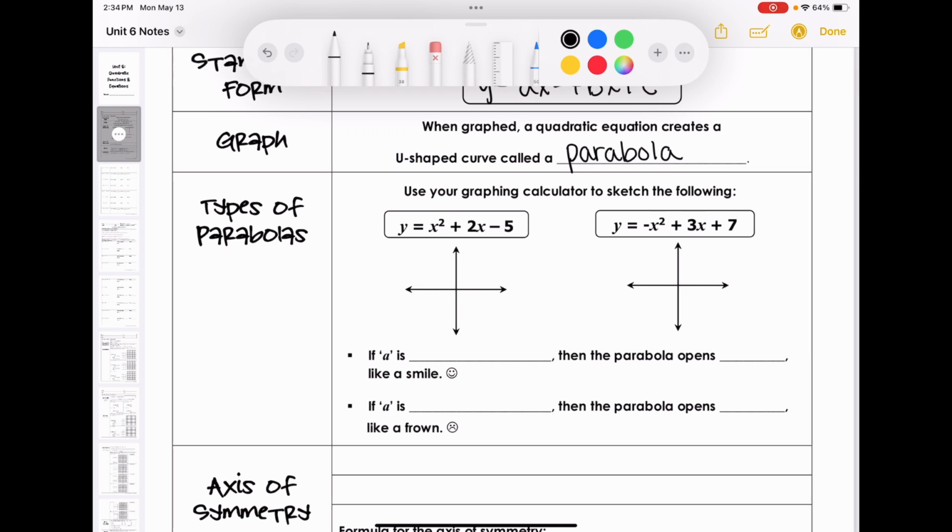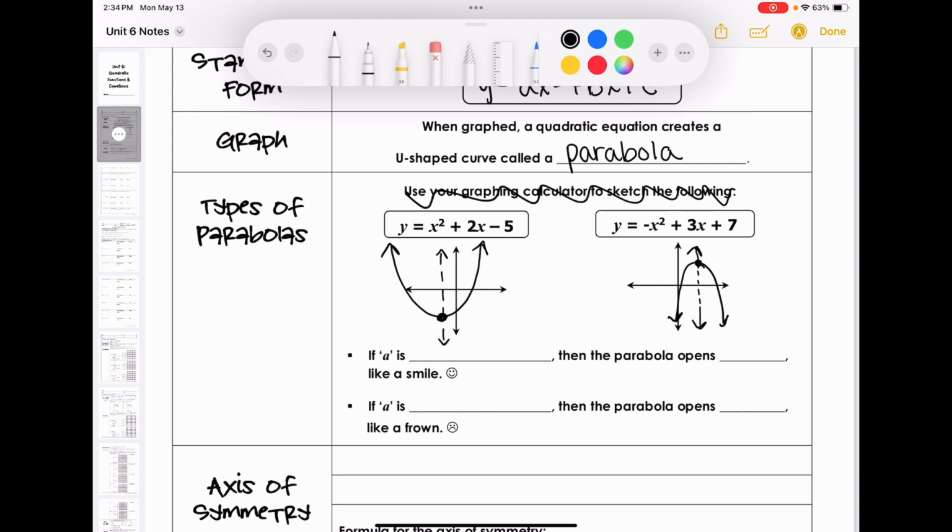We don't have graphing calculators, so we're just going to roughly sketch this on our paper. So that graph is going to look somewhat like this. And then the next graph is going to look something like this.